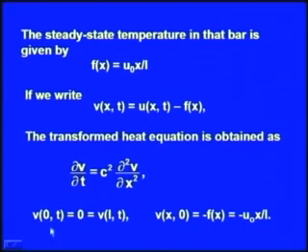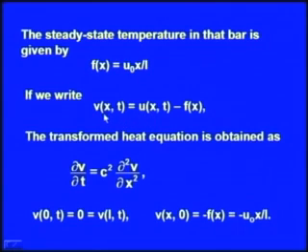So, v(0,t) is 0, and when you put x equal to L here, we get v(L,t) equal to u(L,t) minus f(L). u(L,t) is assumed to be u₀, and f(L) also is equal to u₀. So, u₀ minus u₀ is 0. So, we get v(L,t) equal to 0. So, the two boundary conditions for u are transformed into v(0,t) equal to 0 and v(L,t) equal to 0.